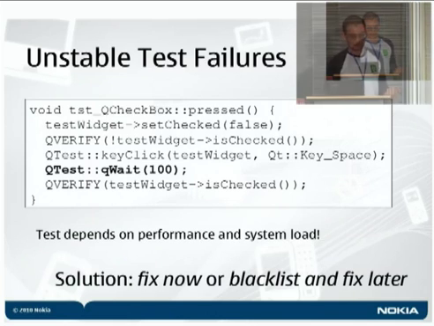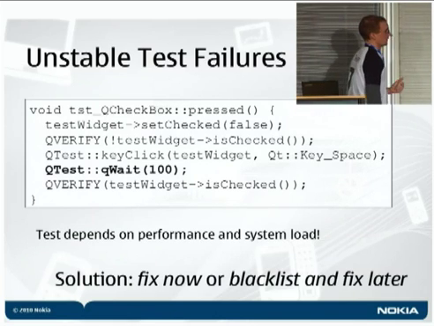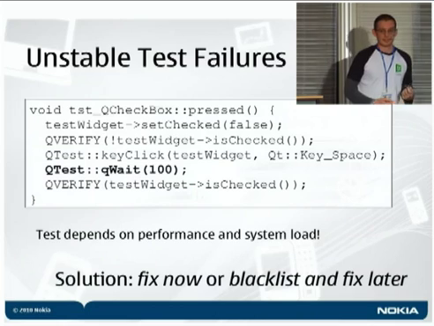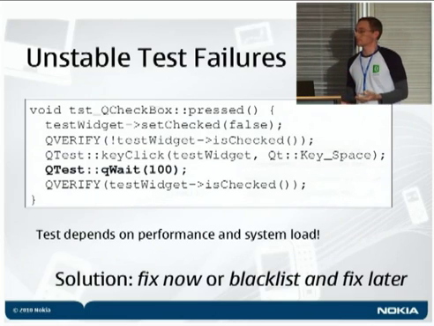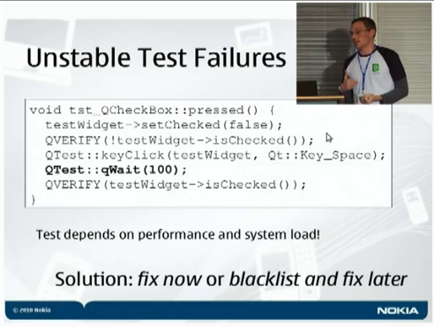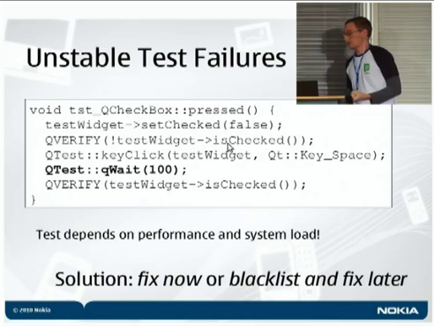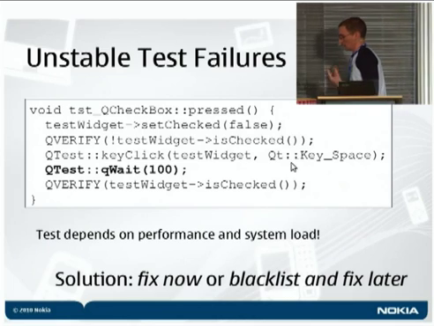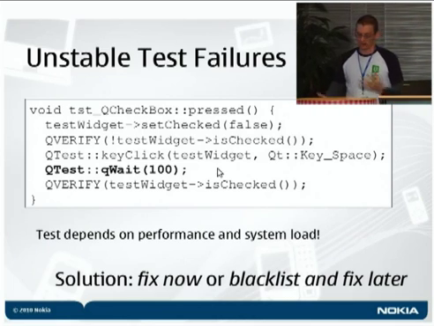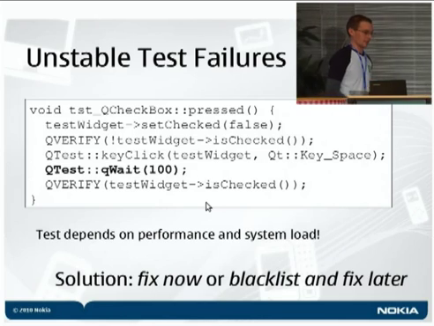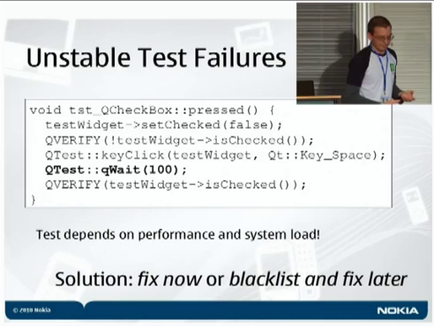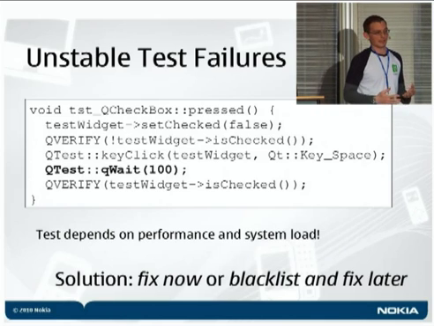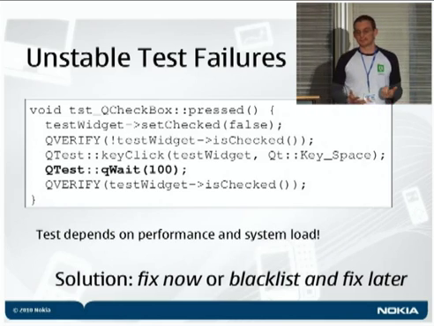The next situation is very common: unstable test failures. Basically what tends to happen is that a developer writes some feature, and then they write some auto test to test that feature. And when they run that auto test on their 8-core workstation with 3 gigahertz cores and 4 gig of RAM, and nothing else running in the background, it works just fine.